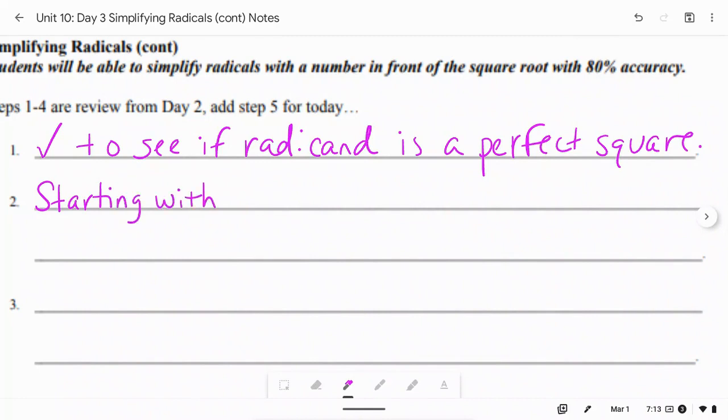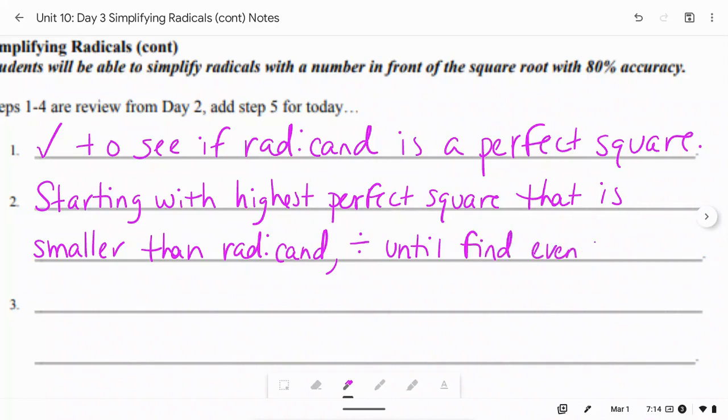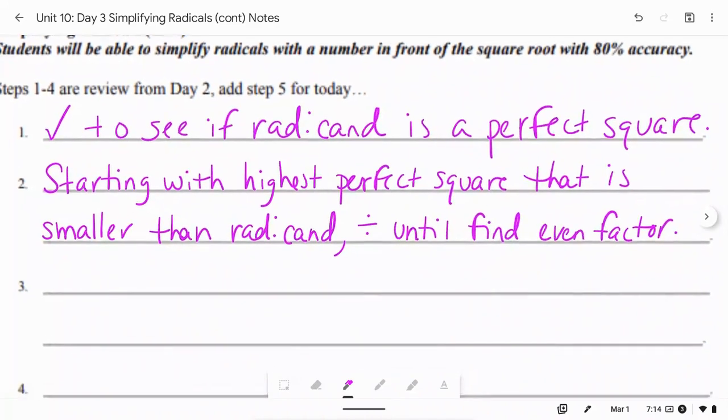with the highest perfect square number that is smaller than the radicand, you're going to keep dividing until you find that even factor, that even perfect square number that divides evenly into it.